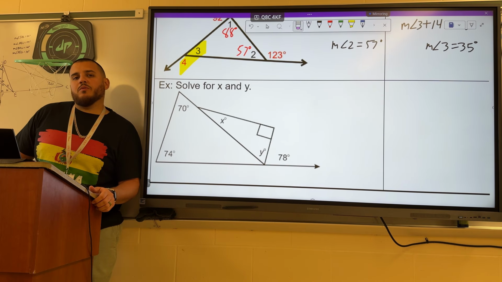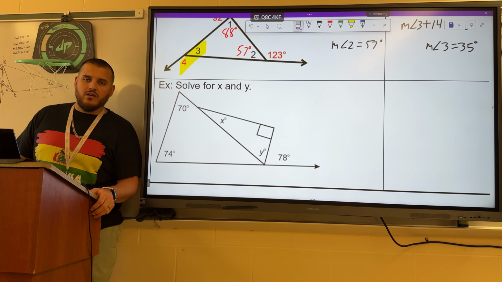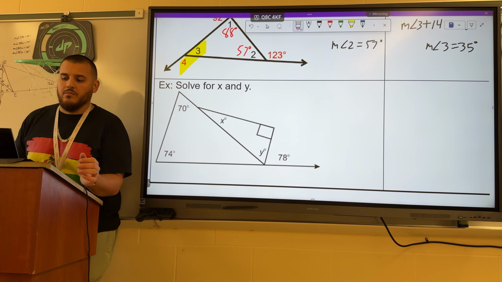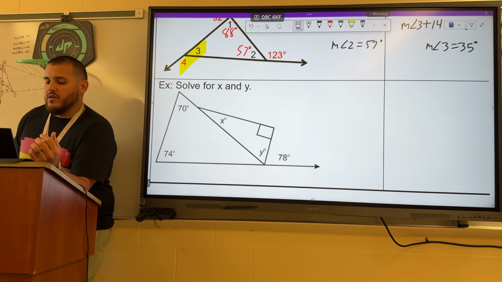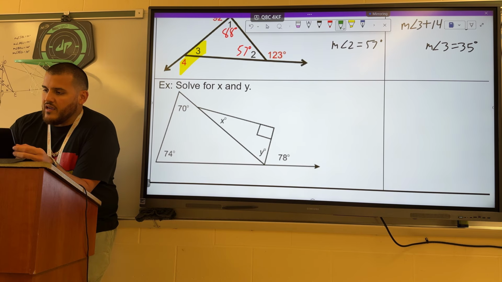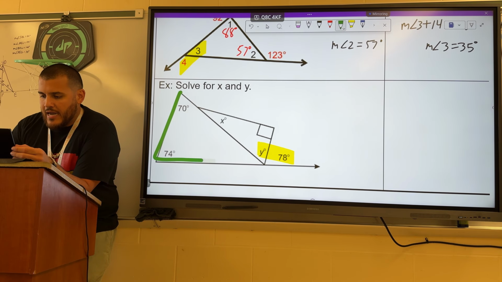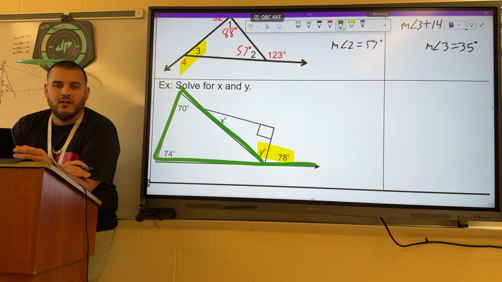In our last example, there's a few different things that we can do here to solve for x and y. I'm going to show you how to start using the exterior angle theorem first, and then I'll show you a different way that can be done. Our exterior angle here we can think of as y and 78 combined on the outside here of our triangle.